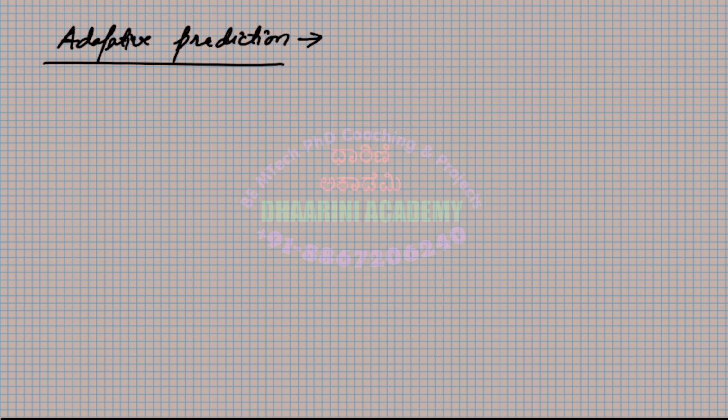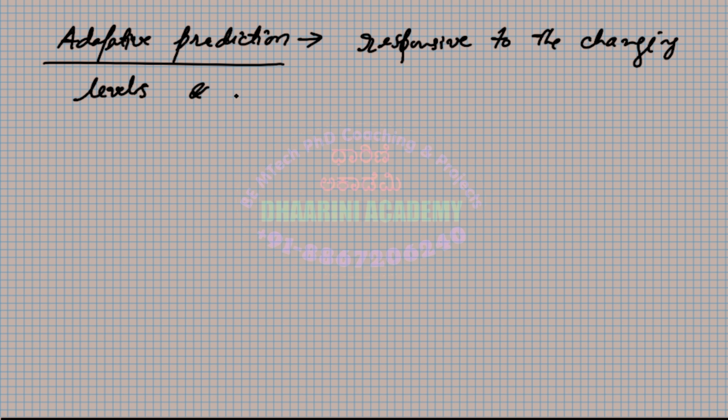So what is expected in the prediction part? Whatever implements this adaptive prediction should be responsive to the changing levels, and also maybe to the spectrum, changing levels and spectrum of the input speech signal.